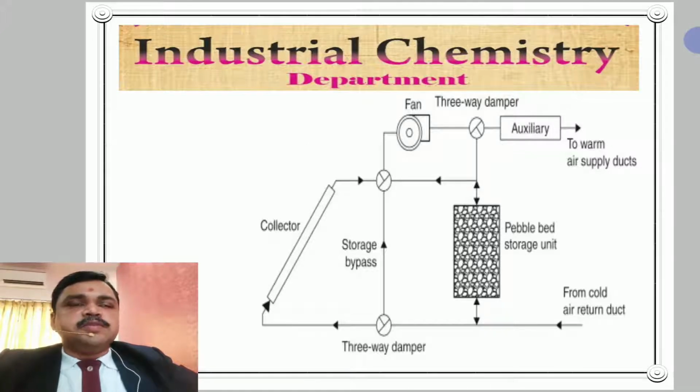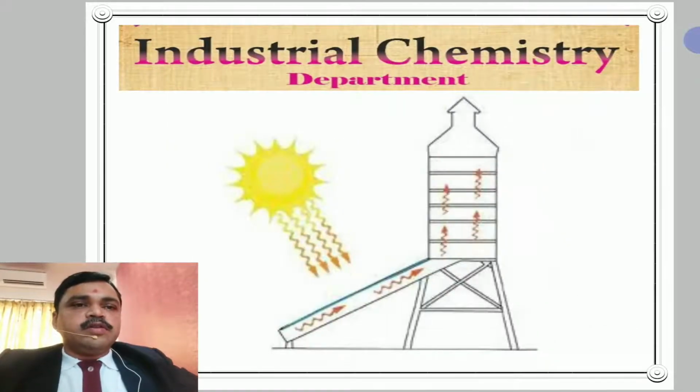One such type of system is shown in the figure, and this compartment type dryer is used for large scale. Air is heated separately and ducted to the chamber in which the product to be dried is stored. Such dryers are suitable for food grains and products like tea, tobacco, etc.